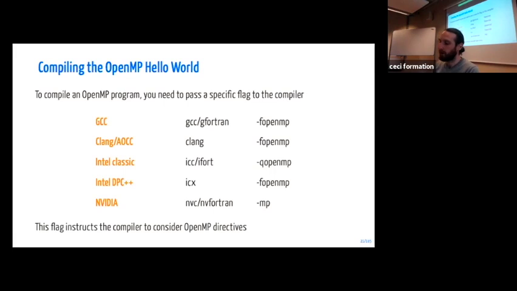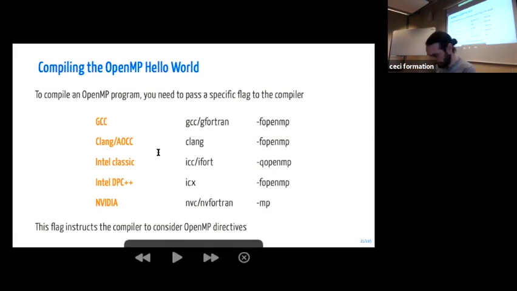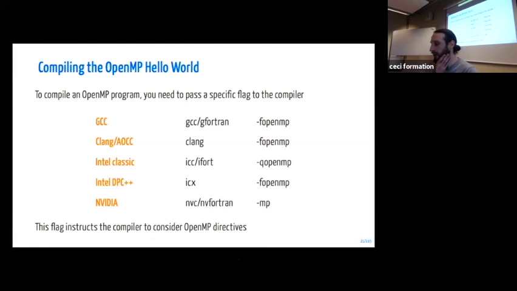For the old Intel compiler, you have -qopenmp to enable OpenMP. And if you are using the NVIDIA compiler, you can also enable OpenMP using the -mp option. This basically tells the compiler, hey, you have to interpret the OpenMP directives. If you don't enable OpenMP, then the compiler will just ignore them.